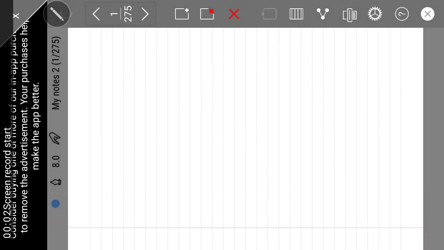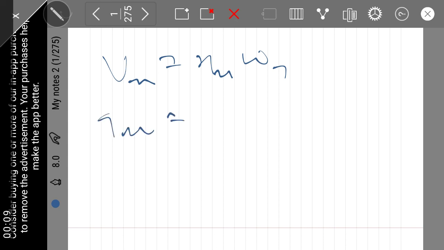We can then write v max is equal to xm omega n. a max, as maximum acceleration, is equal to xm omega n squared.